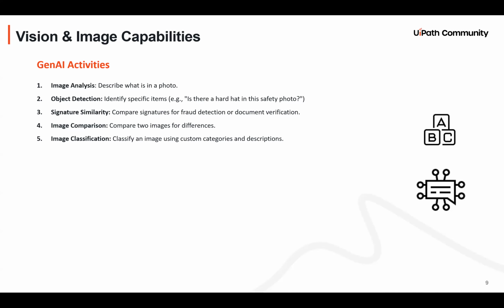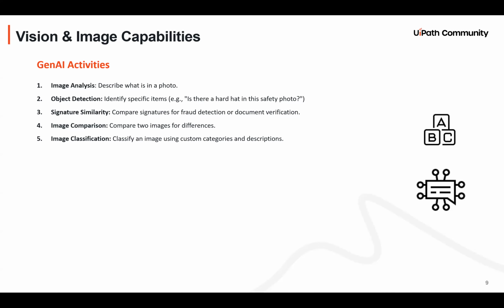Then we have signature similarity. Again, this is very useful when we are doing IDP, intelligent document processing, because till now we were just extracting and putting it up for human validation. Now we can use this signature similarity activity to compare two signatures for fraud detection or document verification.